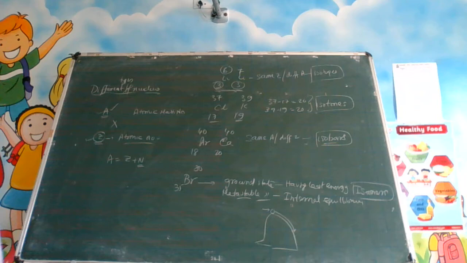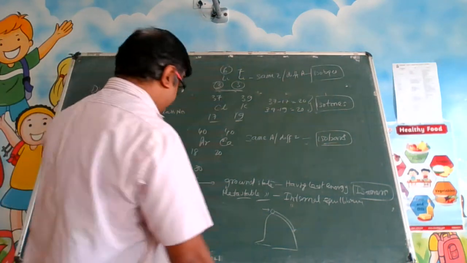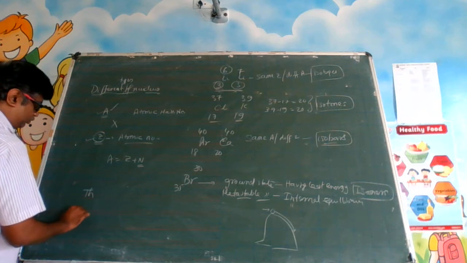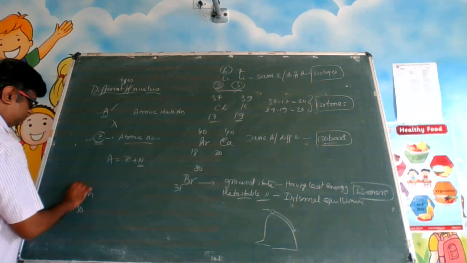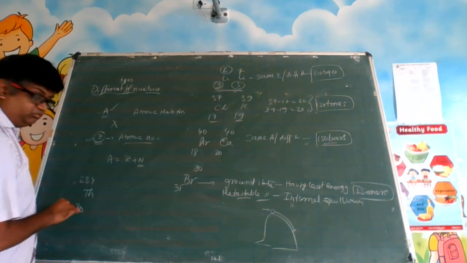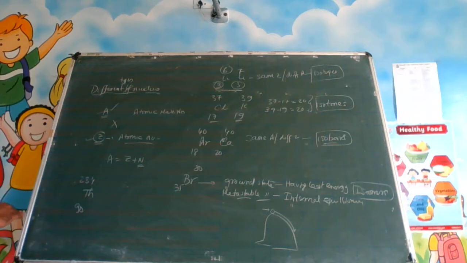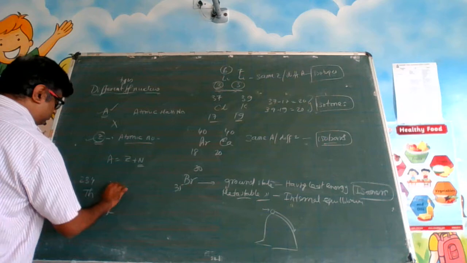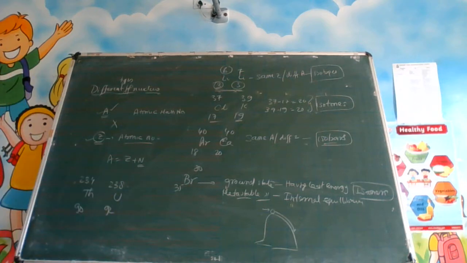Okay? And there is one more classification. Look here. You have thorium. Thorium is 90, 234, and you have uranium. It is 92, 238. Okay.